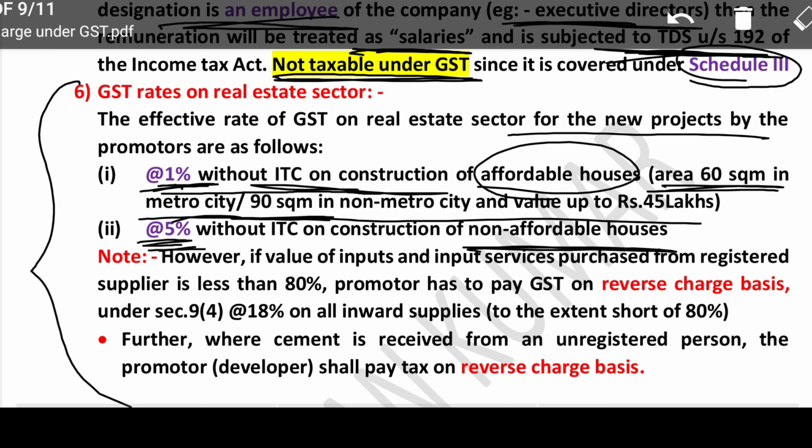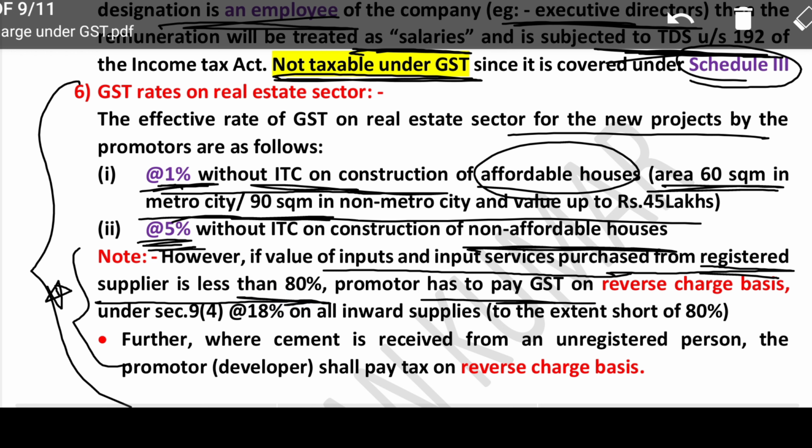However, this is one of the most important conditions that most people should know about. If the value of inputs and input services purchased by the developer from registered suppliers is less than 80%, the promoter has to pay the GST.